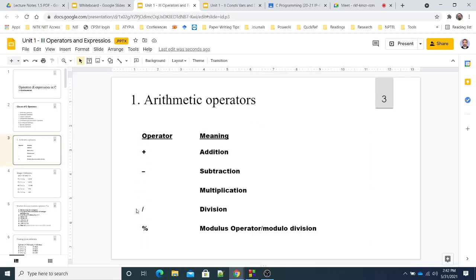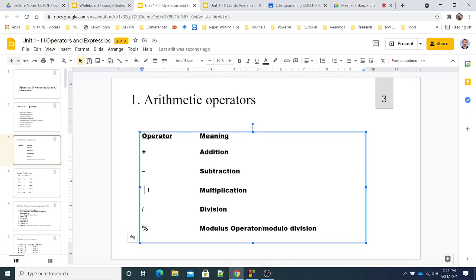Okay, so all the programming languages which I know are using the star symbol, which is also called asterisk. This was there in the special characters set of C, which we studied in the previous topic.